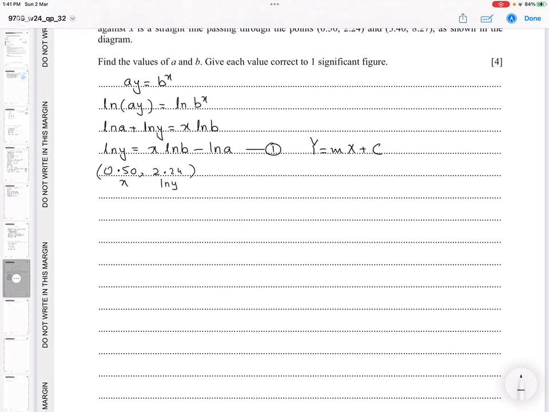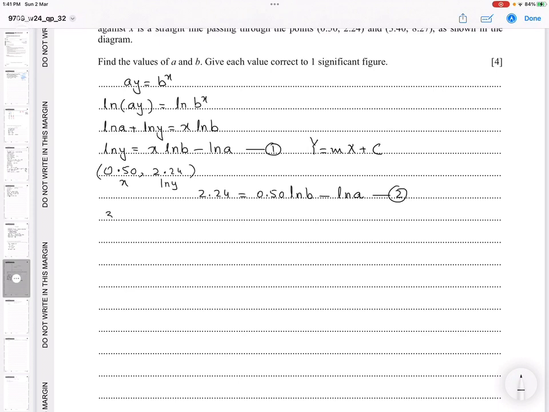So you write 2.24 equals 0.5 in x ln b minus ln a. This is your equation number 2.